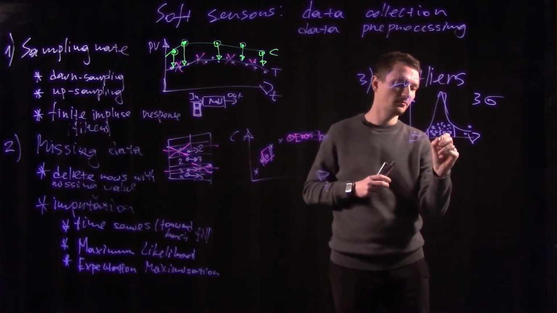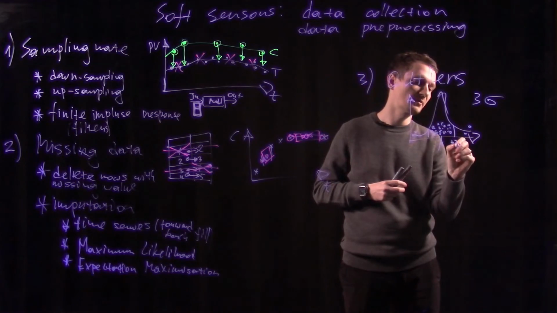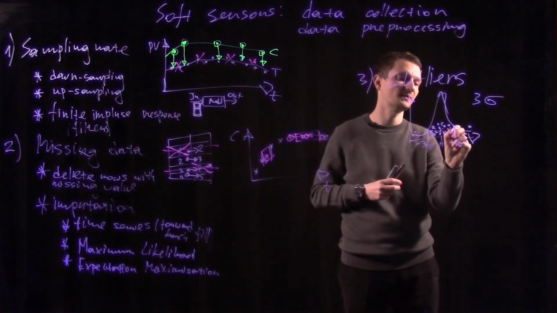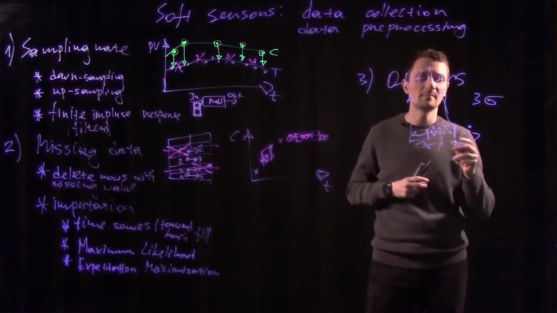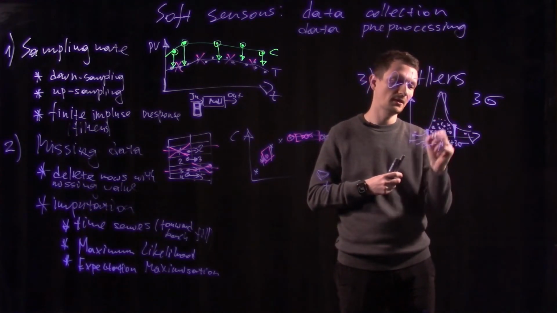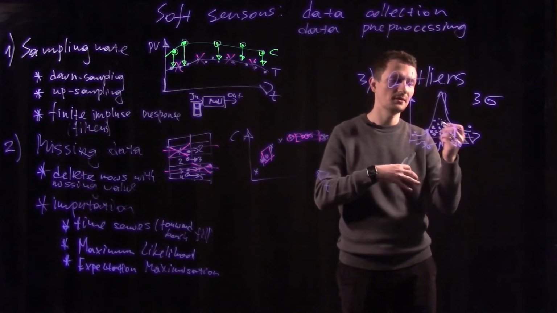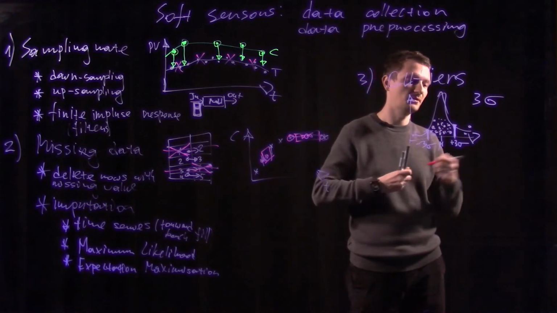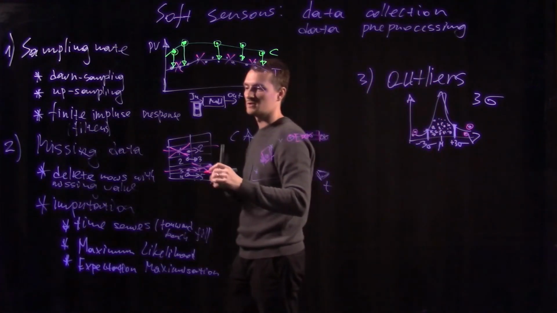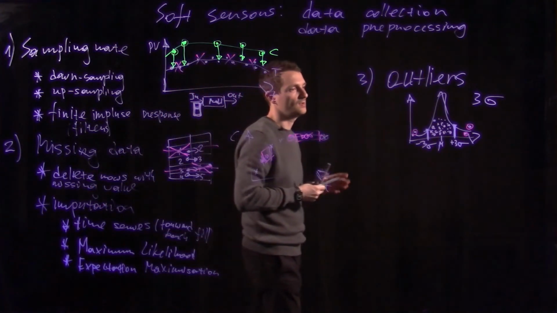You have your average value, and you have three sigma to the right and three sigma to the left. Everything within this range is more than 99% of all the data, so you say it's normal data. But if a data point lies outside of this range, it will be recognized as an outlier. And in this case, you can, for example, apply the imputation technique, or you can just remove this point from your data set.